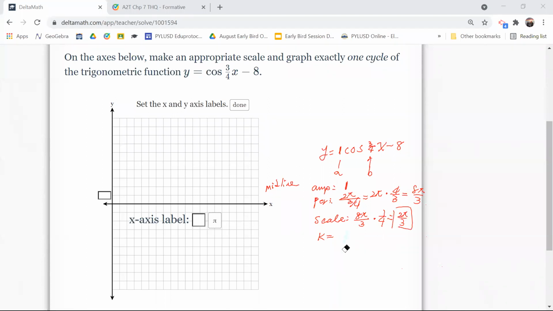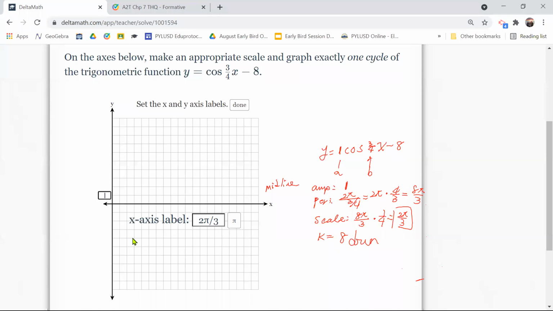And then we're going up by, I'm not sure we're going up. Down 8. We're going to go down 8. Oh boy. All right, so I might change my scale a little bit. Anyway, so let's see. Our 2 pi over 3, 2 pi over 3. All right, we got the x scale. For the y scale, it's going to go down 8. That's kind of hard to do.